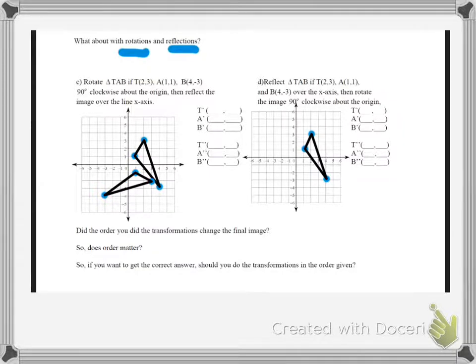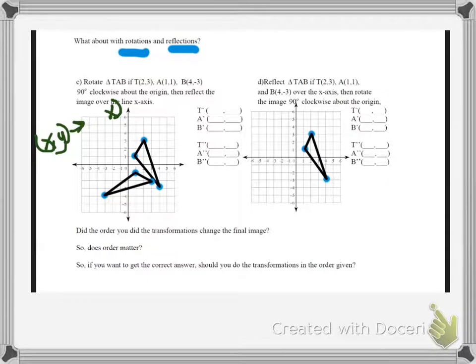The rule, just to review, is (x, y) goes to, let's see, the x value becomes the new y value, and the y value, wait, that's not right. Let me see.